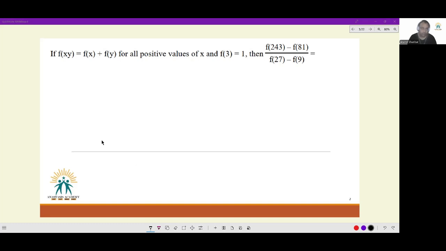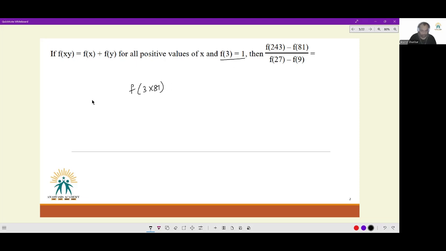Here we have f(xy) is equal to f(x) plus f(y) for all positive values of x, and f(3) is equal to 1. Then something is given to us. The fun thing here is we don't really need this value at all. What we do, however, need is this expression. Look at this, f(243). Can I write this as f of 3 into 81?